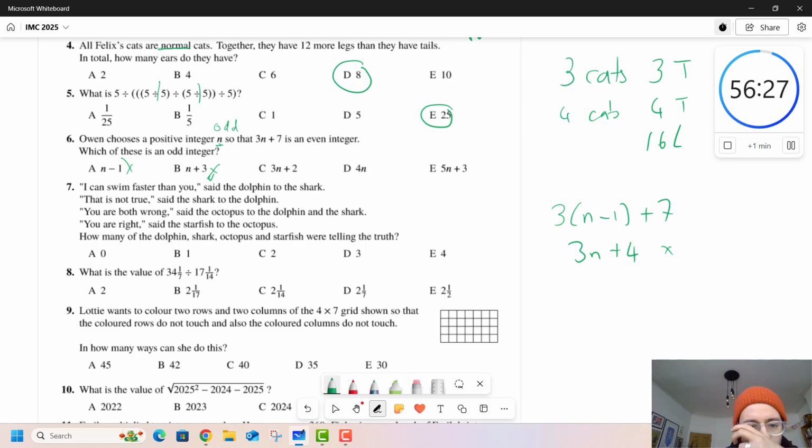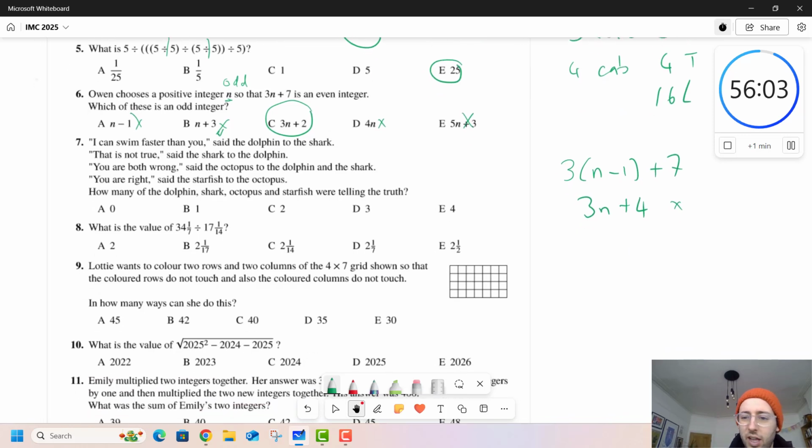An odd times 3 is odd, plus 2, that's odd, that's even. An odd times 3 is, okay, that's odd. Oh, wait, what am I doing? This is odd times odd, which is odd, plus 3, which is even. This is odd times even. This is odd times odd, which is odd, plus 2, which is odd. Okay, whoa.